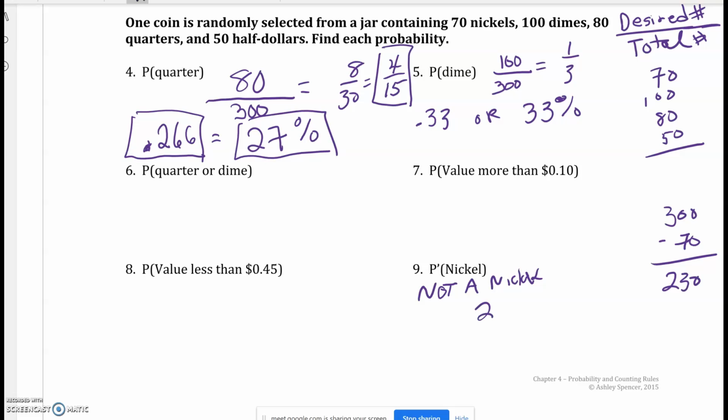So there's 230 chances that it's not a nickel out of 300 total coins in there, and then just start like we did up above. Reduce it to its smallest. Well, this one we can reduce easy: 23 over 30.